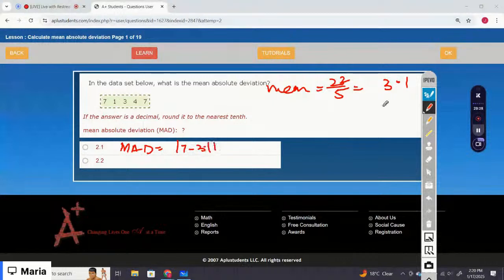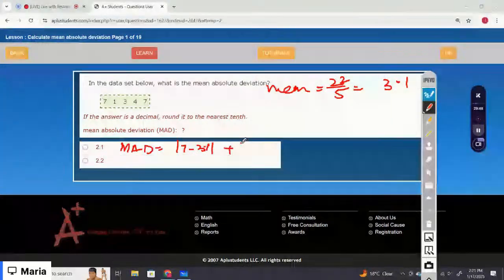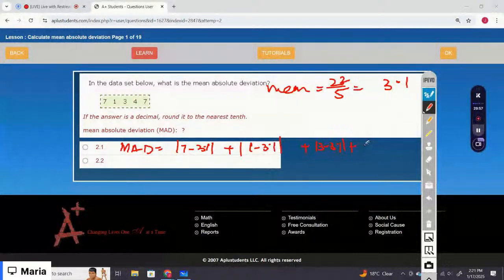Subtract every value from the mean, calculate the absolute value, and then you have to add all of these values. 1 minus 3.1 plus 3 minus 3.1 plus 4 minus 3.1 plus 7 minus 3.1. Absolute values means all these values are positive.